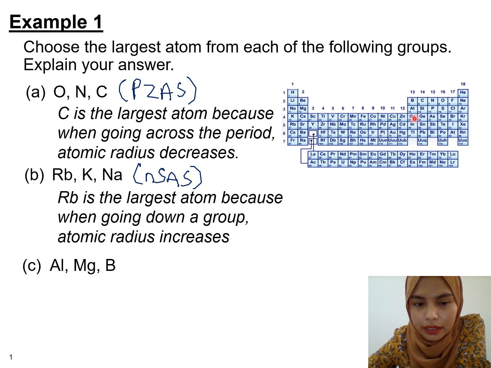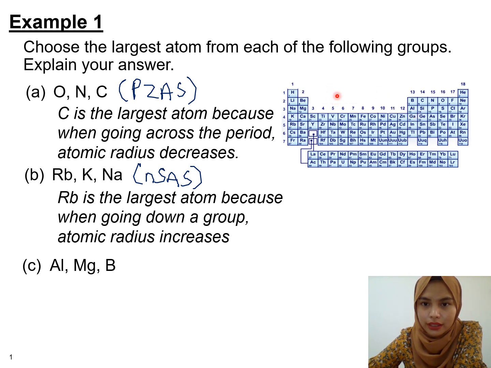Oh tidak, kat sebelah aluminium. Magnesium and boron. Okay, so dia ada perbezaan kat sini. Boron, magnesium, aluminium. Okay, kita tahu kalau going across the period, size kecil, tapi down the group size besar.